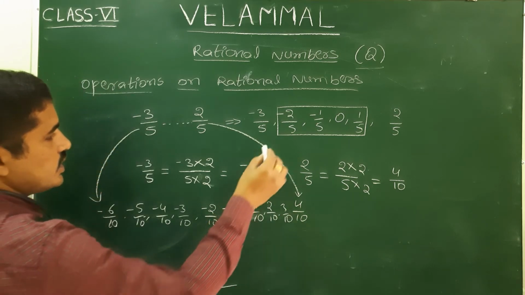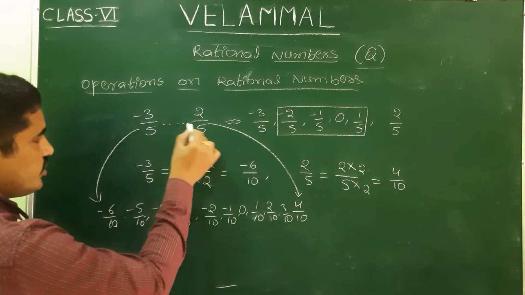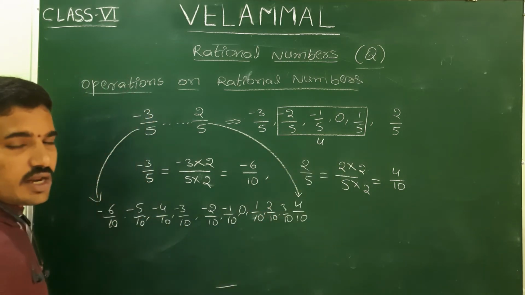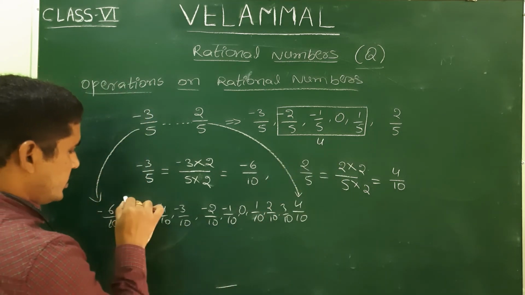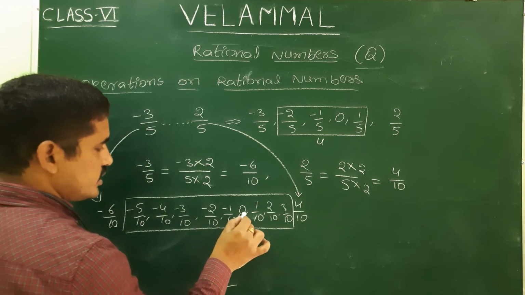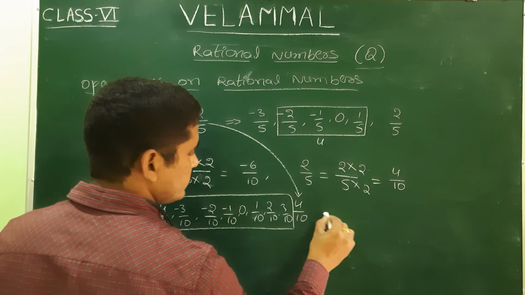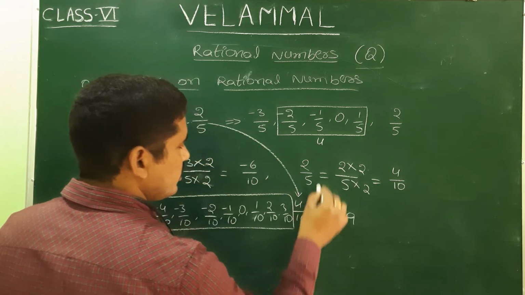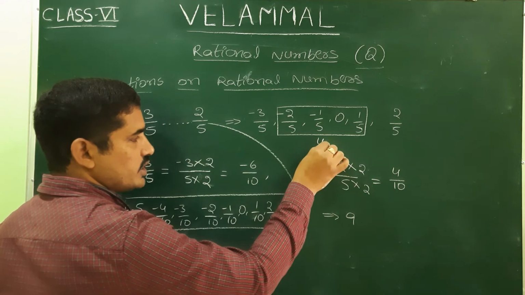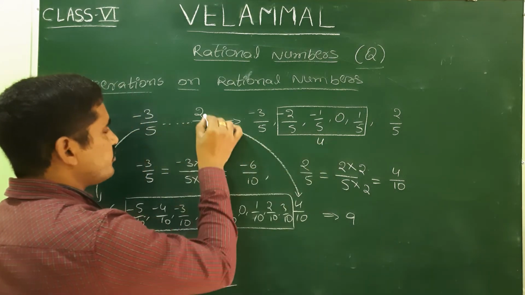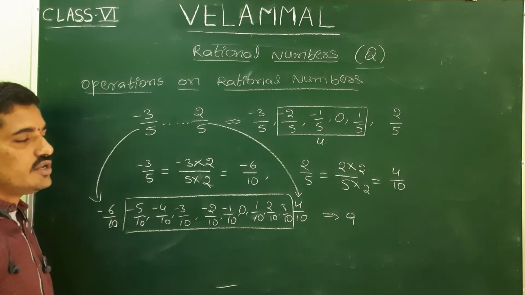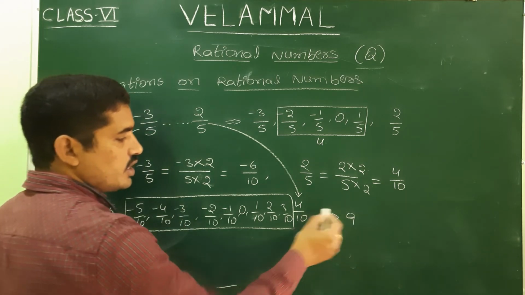In the earlier example, for the same fractions, we got only 4 rational numbers, but if you observe here, how many are there? 1, 2, 3, 4, 5, 6, 7, 8, 9 we got. In the first procedure we got 4 rational numbers between minus 3 by 5 and 2 by 5, and by taking the equivalent rational numbers we now got 9.